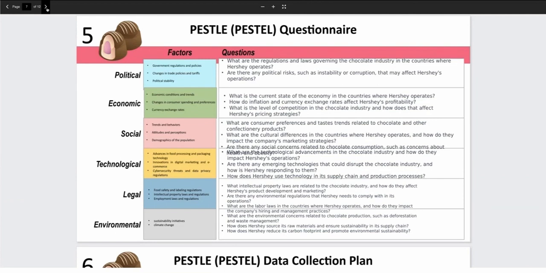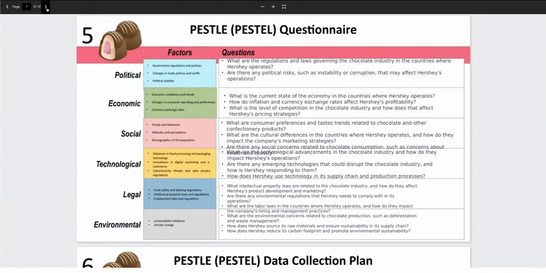So what you do is that you are going to write your questions as well. For example, for the branch of political, you did choose factors like government regulations and policies. Then you chose a factor like changes in trade policies and tariffs and political stability.